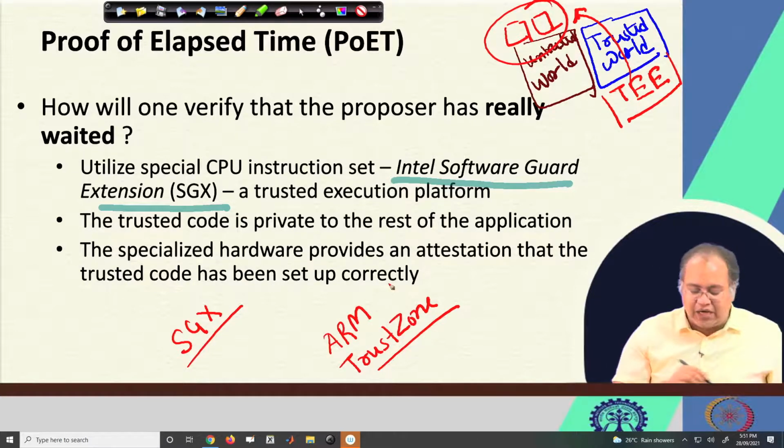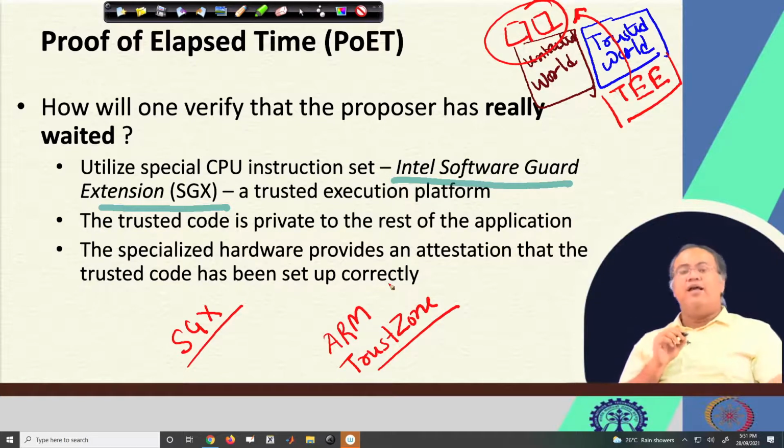This specialized hardware provides an attestation that the trusted code has been set up correctly. Basically, you are taking a hardware signature, and that hardware signature provides a guarantee that whatever execution has happened has really happened.